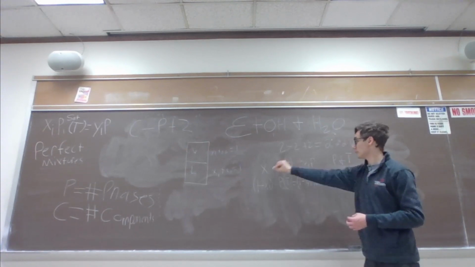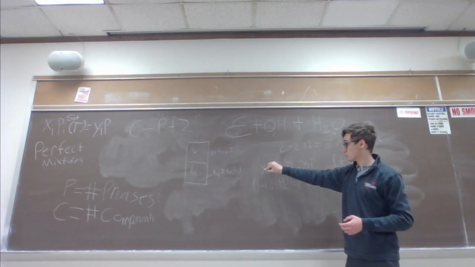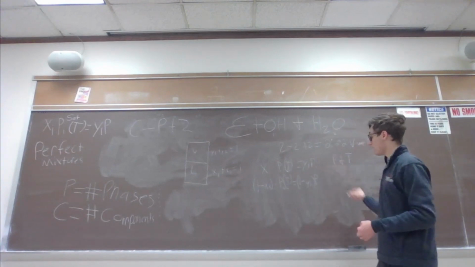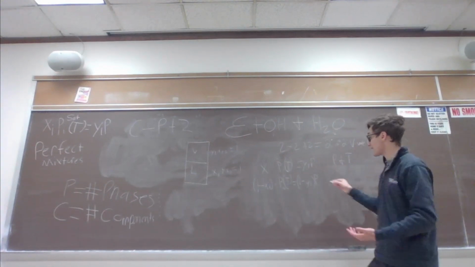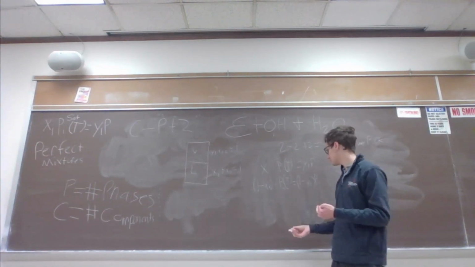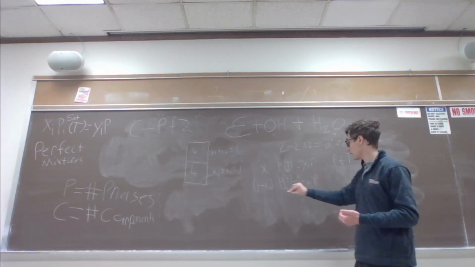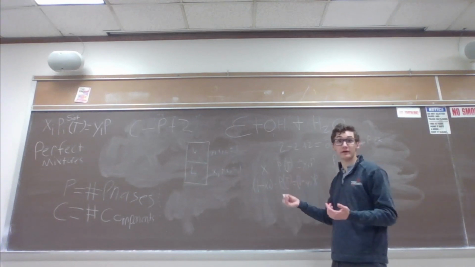Well, we know these. If we know x1, that will give us x2. Same with y1. Based on this, we can calculate, if we so wanted, given ourselves numbers, y1, or all of the mole fractions in general.